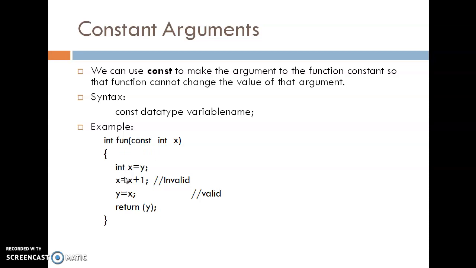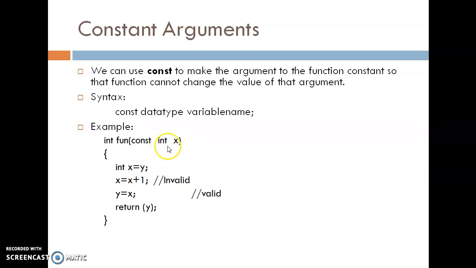Okay. x is equal to x plus 1. That means we are going to change the value of x. But this is an invalid statement. Why is it invalid? Because here x is a constant argument.